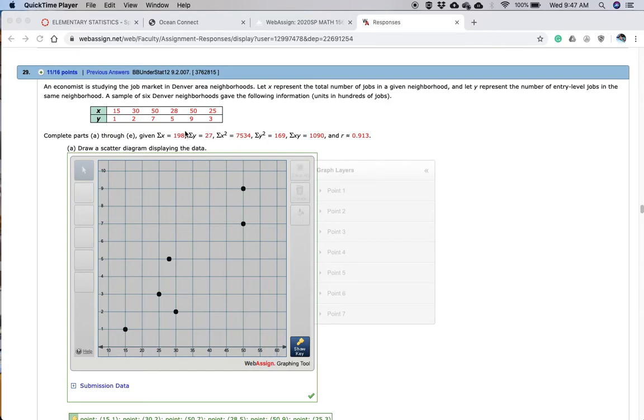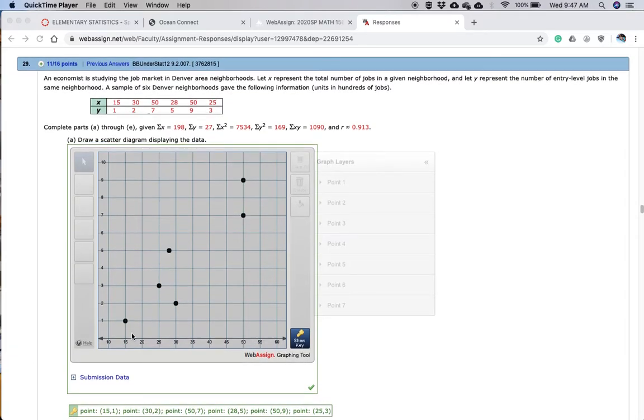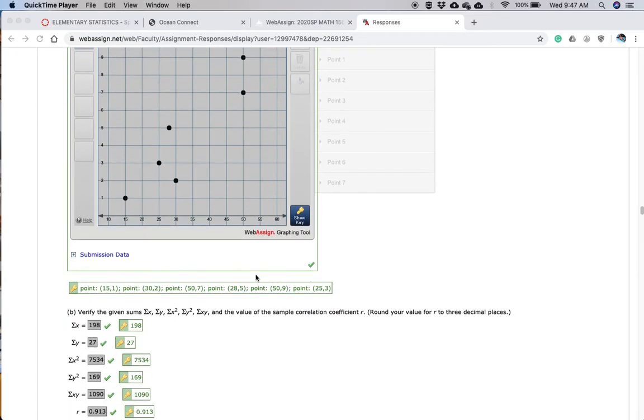So first thing it's asking you to do is draw a scatter diagram, which all you have to do is just plot the X value and the corresponding Y value. Okay, that's pretty straightforward.